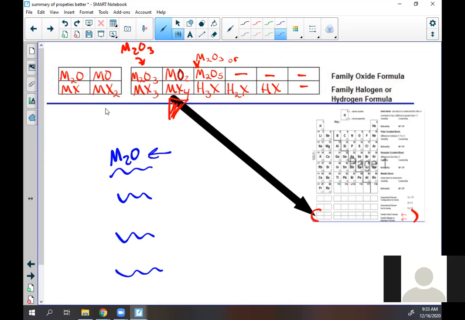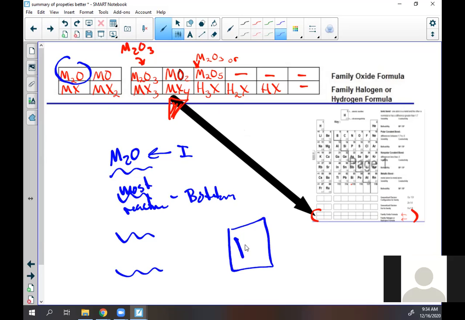So that clue would tell you it's right here in family 1. But you wouldn't be done yet. Then it would say like most reactive. And these two clues together would say it's in family 1 and it's at the bottom. So using this and the other information we've learned, you'd have to be able to identify that I'm talking about Fr. We'll do some of these tomorrow.